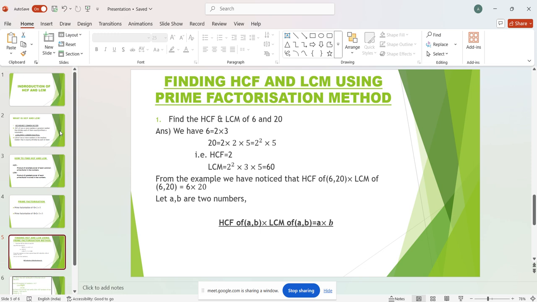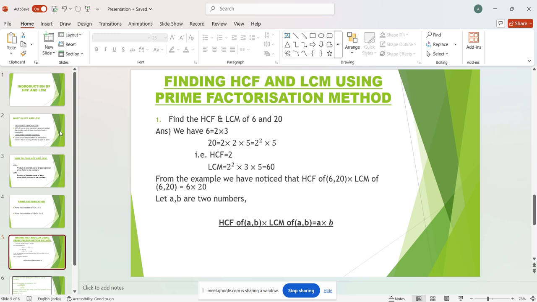So HCF equals 2. Then for the same numbers 6 and 20, how do you find the LCM? Take the highest power of each factor. In 6 the power of 2 is one, but in 20 it is 2 into 2, that is 2 square, which is the highest.